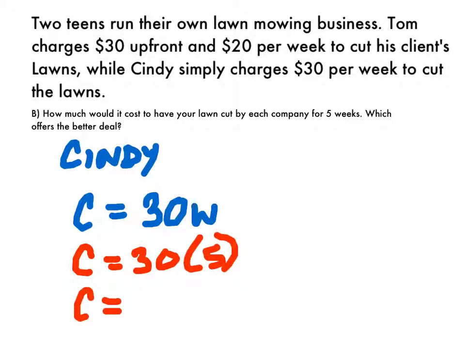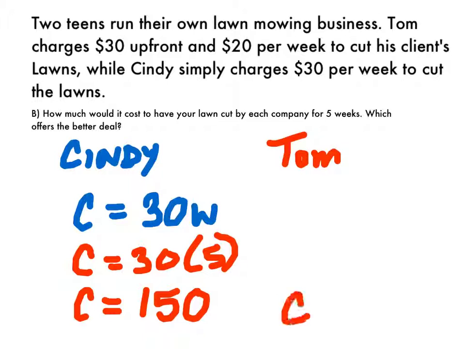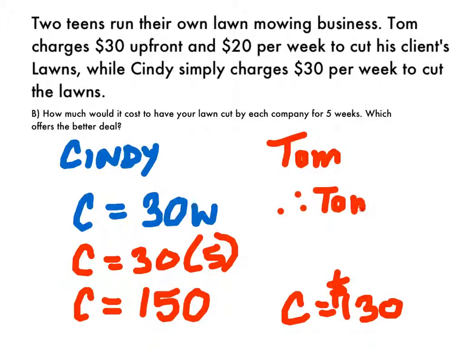Since 3 times 5 is equal to 15, we know 30 times 5 is equal to 150, and therefore, since we found out that Tom's company, for the same number of weeks, would only charge $130, we know therefore Tom offers the better deal.